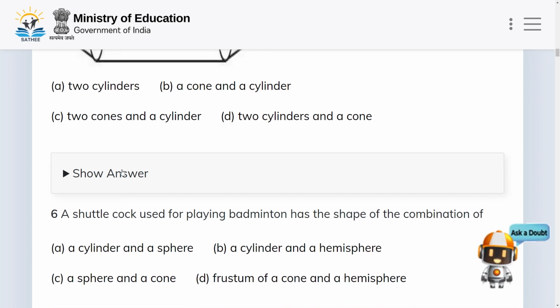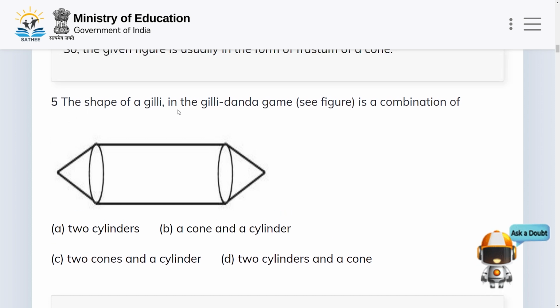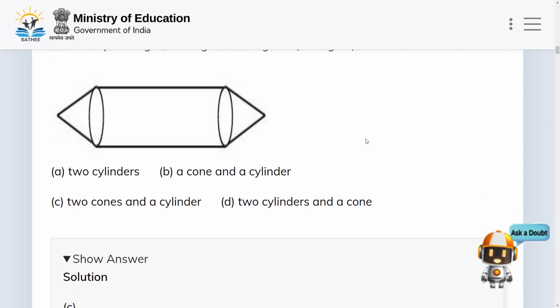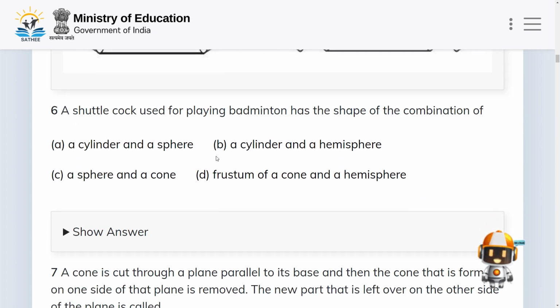Here you can see this is actually a combination of two cones and a cylinder. At the ends there are two cones, and in the middle we have a cylinder. Therefore the shape of a gilli is a combination of two cones and a cylinder. So option C is the correct answer. Okay, students, and now let us move to the next problem.